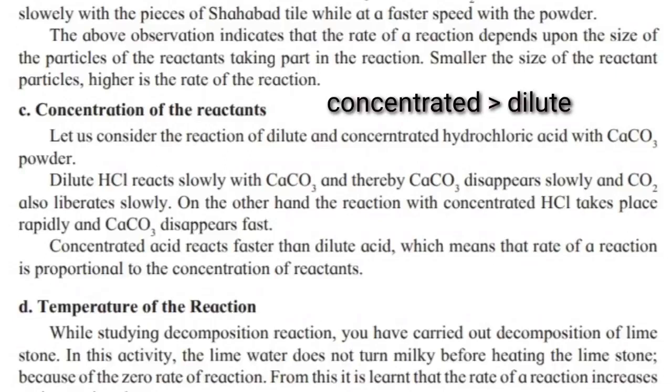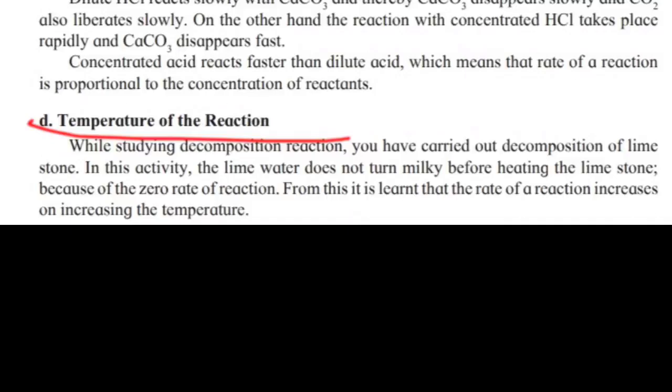Concentrated acid reacts faster than dilute acid, which means that the rate of reaction is proportional to the concentration of the reactants. Fourth point, temperature of the reaction. The rate of the reaction, that is the speed of the reaction, increases with the increase in the temperature.